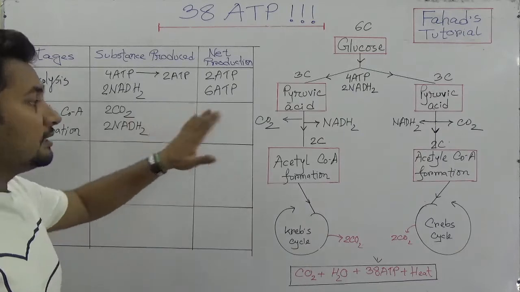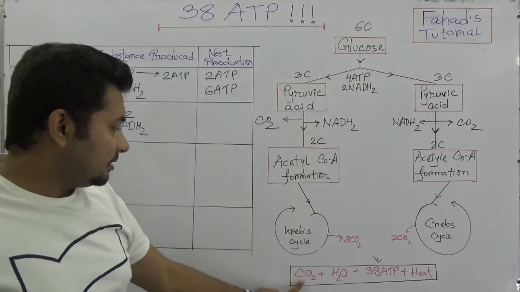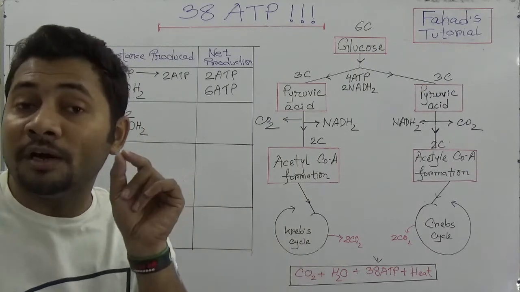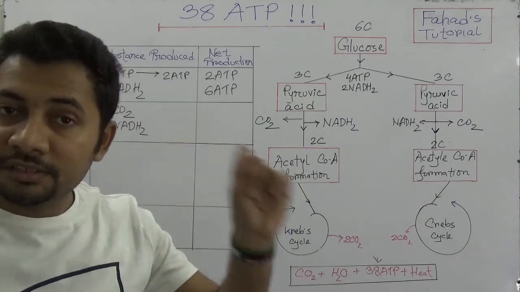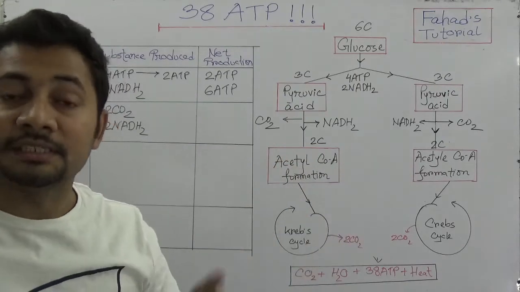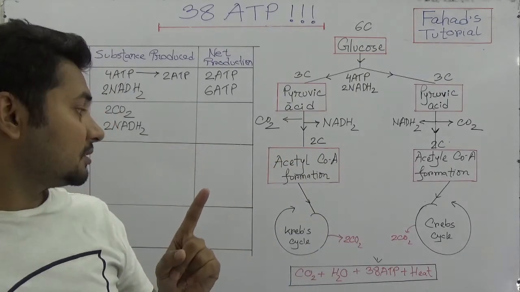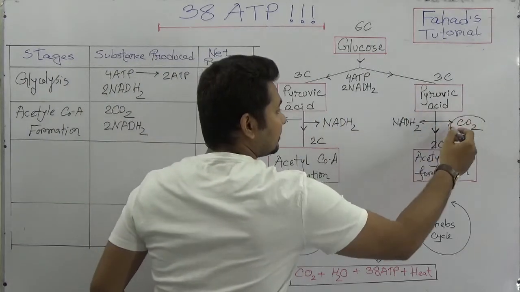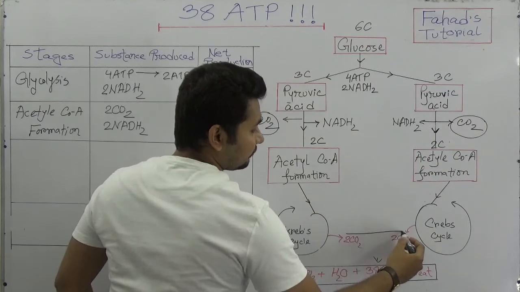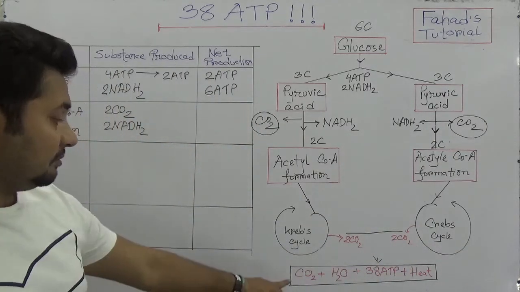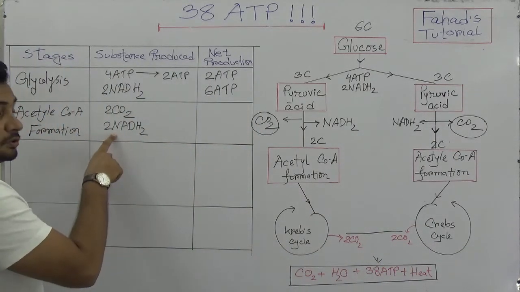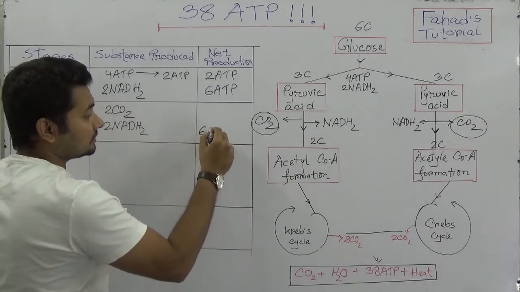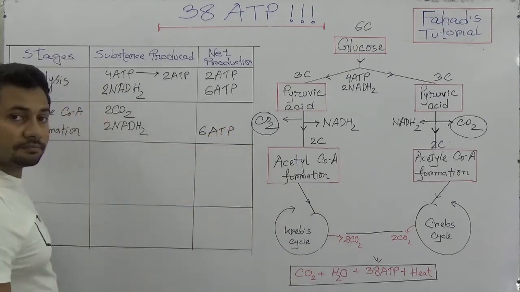As carbon dioxide is produced, it is the product of aerobic respiration, and you know that when one molecule of glucose is oxidized by 6 molecules of oxygen, then 6 carbon dioxide will be produced. So 1 carbon dioxide, 2 carbon dioxide, and here there are 4. So altogether 6 carbon dioxide will be produced. So from 2 NADH2 the net production is 6 ATP.